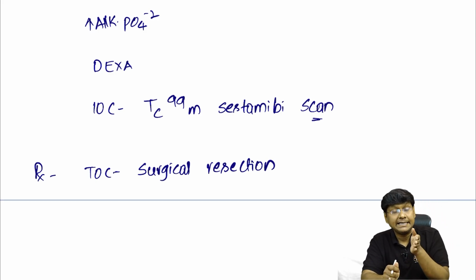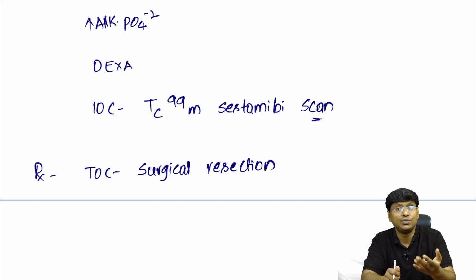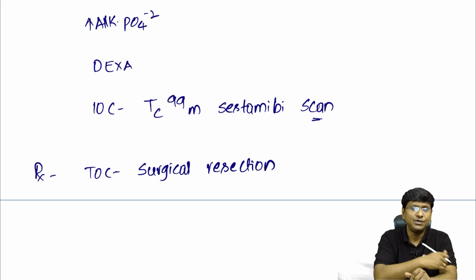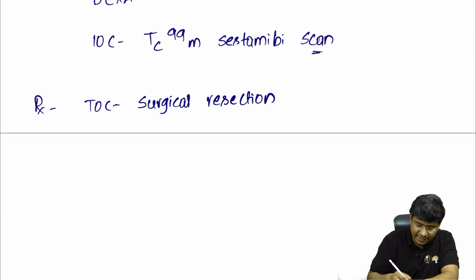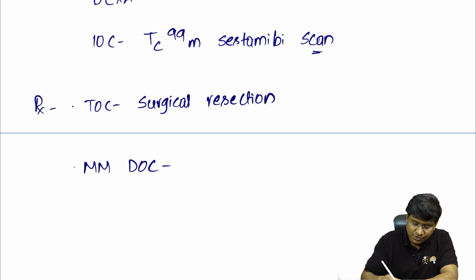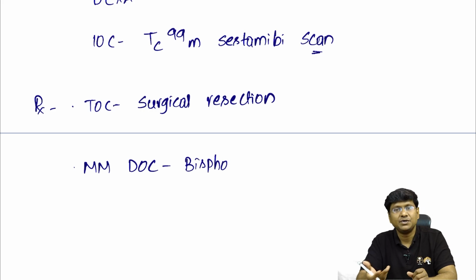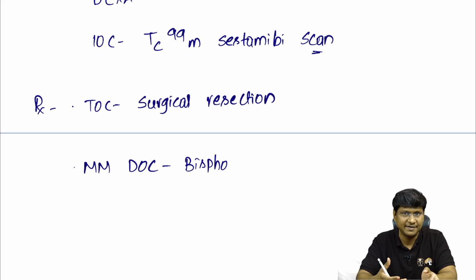But if the individual is not able to undergo surgery, or if there is any contraindication, then you need to give medical management. What is the drug of choice in case of primary hyperparathyroidism? That includes the bisphosphonates, because parathormone is causing osteoporosis, increasing bone resorption and causing hypercalcemia.